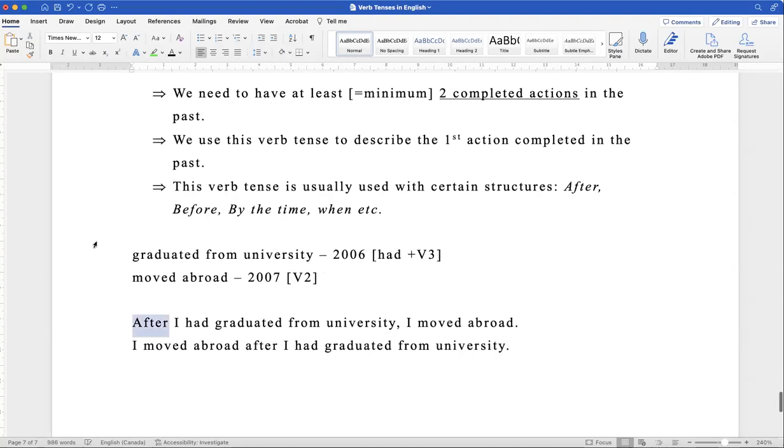If you use after, that part happens in the first place. Always the first action. So here, the after part is the first action. That's why we used here past perfect tense. After I had graduated from university, I moved abroad. This part is the second action. That's why this part is verb 2. After part is always the first action. And this is the second action.